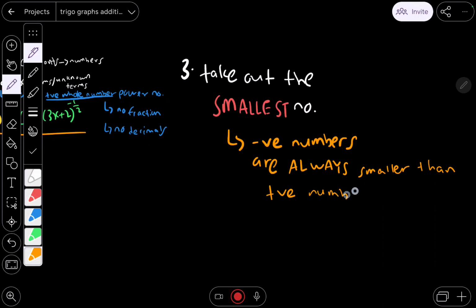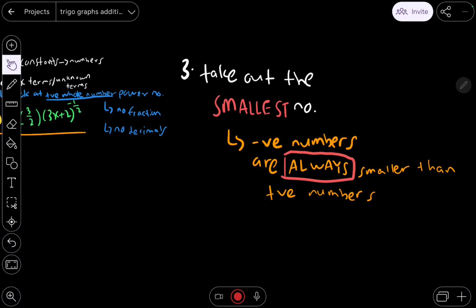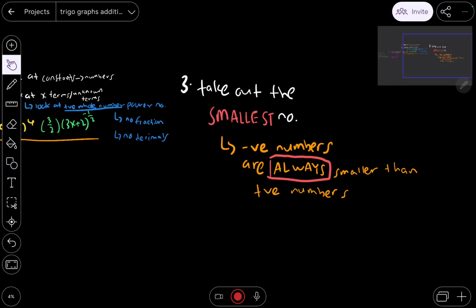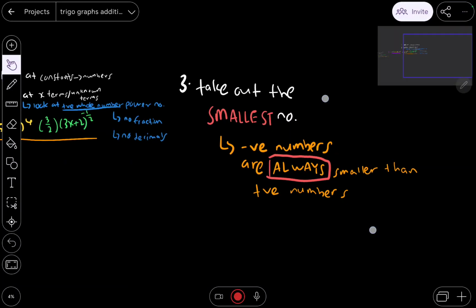Clear about that? I'm going step by step. I'm going very slow here. If you cannot, just ask me, I'll be glad to answer them. Always. Keyword is always. Negative numbers are always smaller than positive numbers.